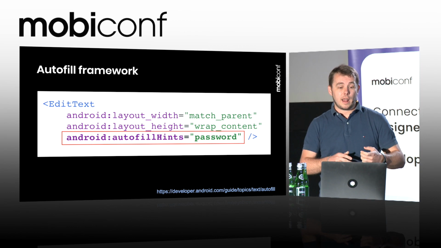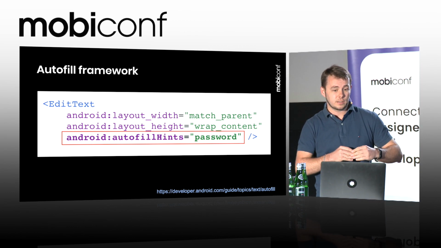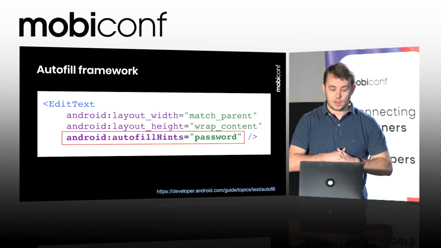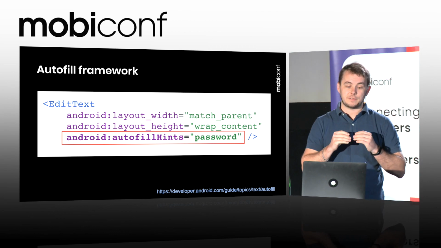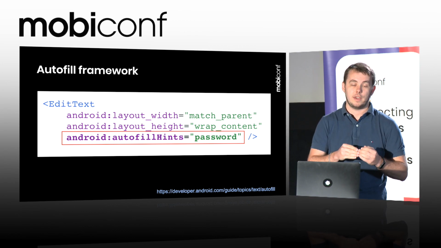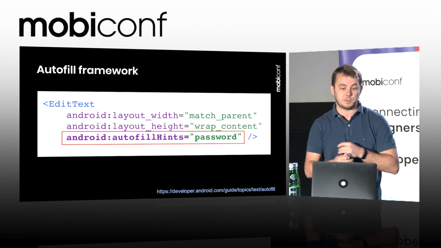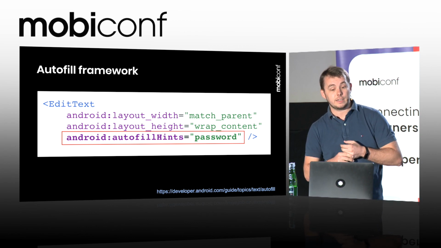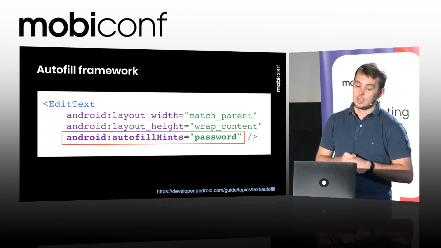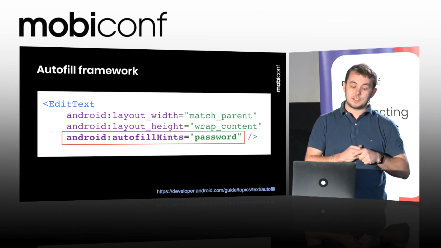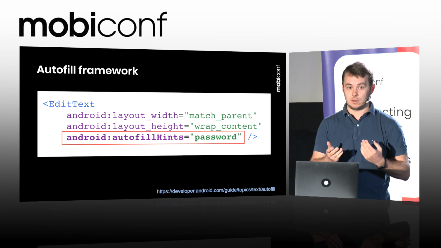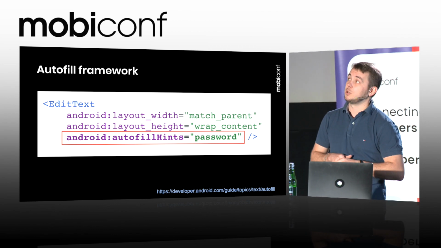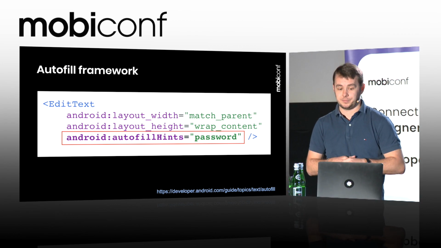With the Autofill framework, everything you need to do is, on your input field, in our case an EditText, define an autofill hint, where you specify which type of field it is, if it is a password or an email, because it's possible to put different kinds of data there, like username, credit card data, or address. It will be associated with a service, depending on which service you pick. And it's also possible to do it for custom views.